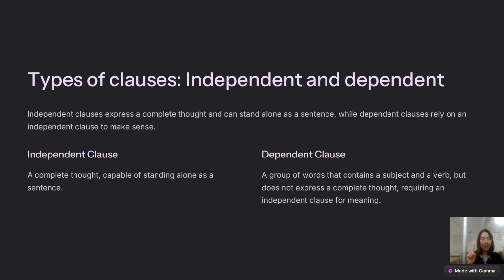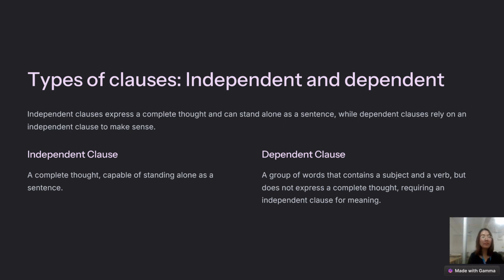So the sun is shining includes a subject and a verb, and it conveys a complete thought without needing any other clauses. Why doesn't this clause need another sentence to complete it? Because it already makes sense. That is the reason we don't need any other sentences when it comes to an independent clause.